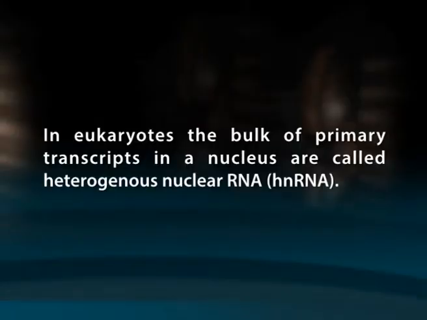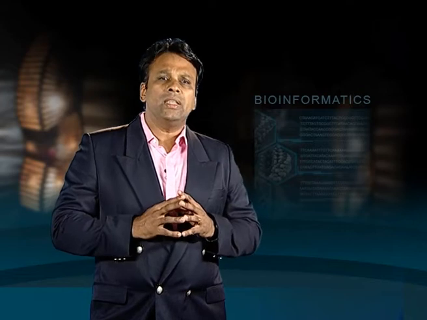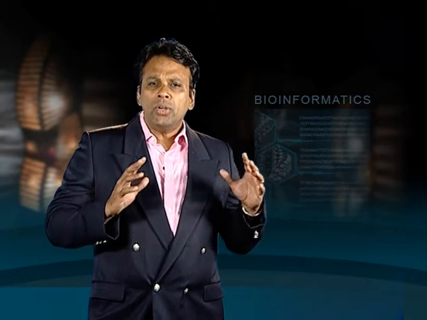In eukaryotes, the bulk of primary transcripts in a nucleus are called heterogeneous nuclear RNA, that is hnRNA, because of the considerable variation in the sizes of RNA molecules present. The majority of these hnRNAs are non-coding intron sequences which are excised from the primary transcripts and undergo various processes before leaving the nucleus.